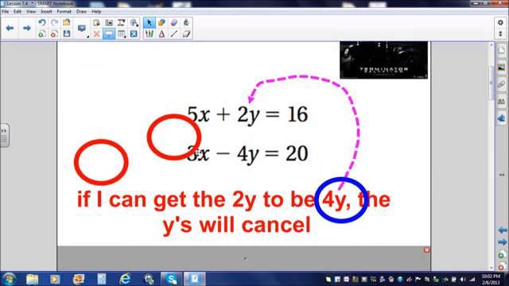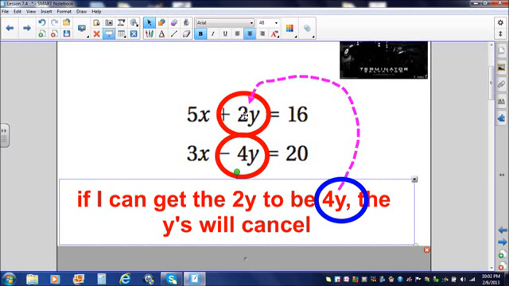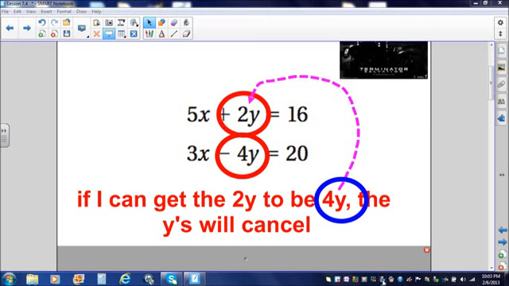I'm looking at this problem, and I see that 3 does not go into 5 evenly. I know that 2 goes into 4 evenly. So if I can get this 2y to be 4y, these y's will be terminated, or they will be canceled.